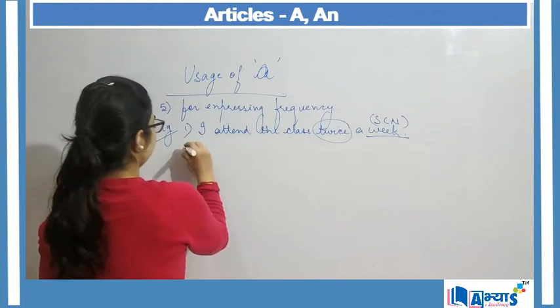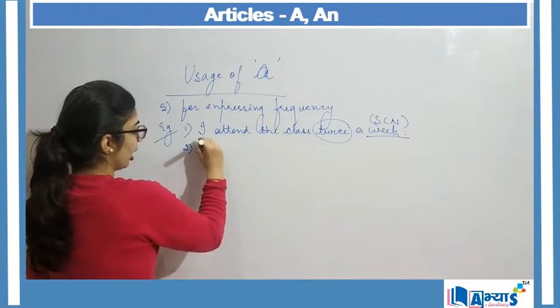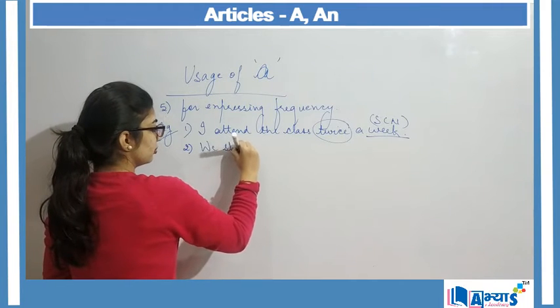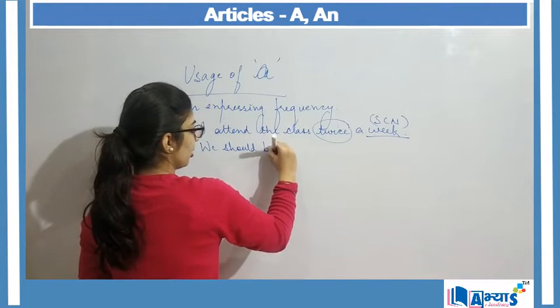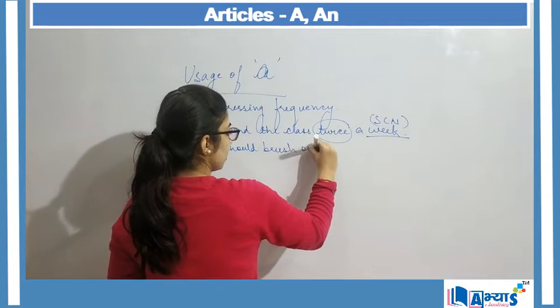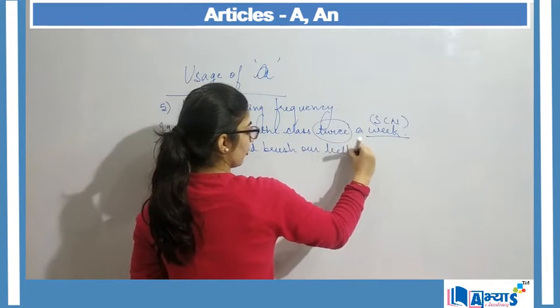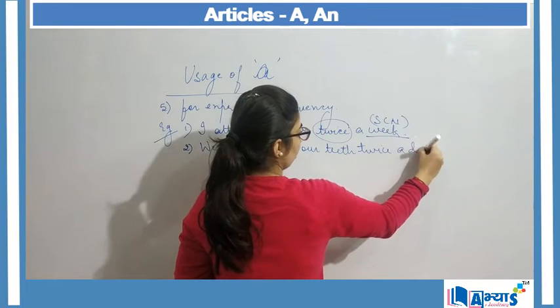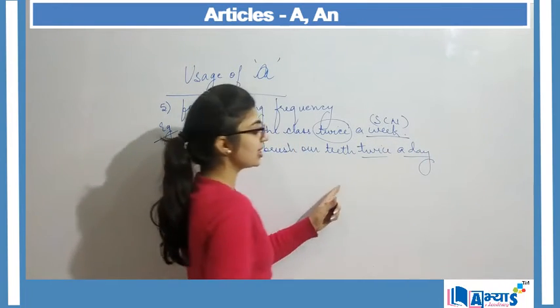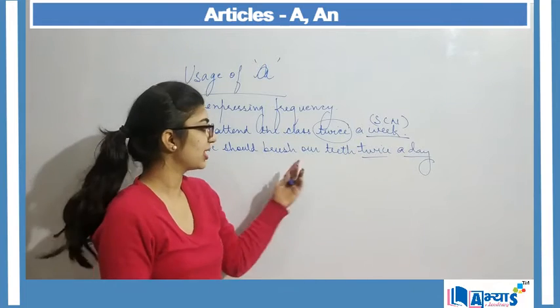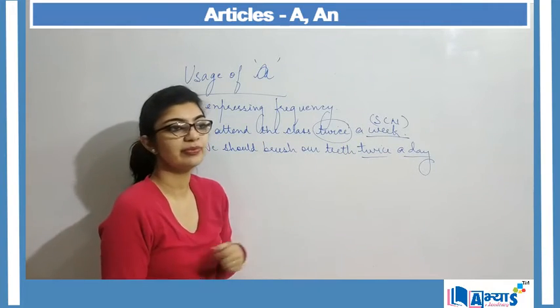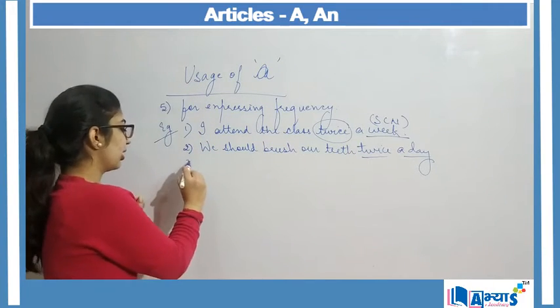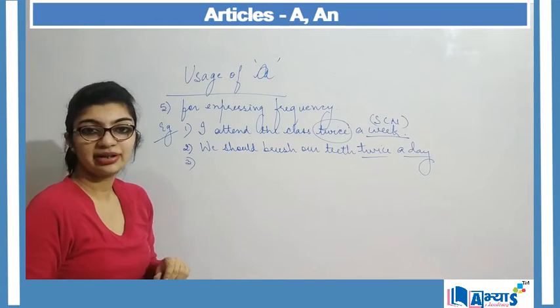Another example can be: we should brush our teeth twice a day. Again, twice and a, the examples are almost the same. So we can understand with another example.